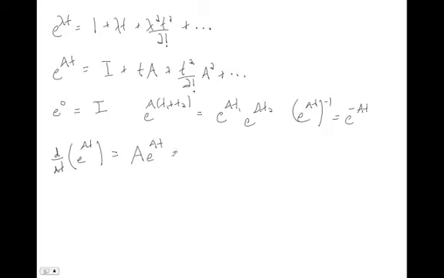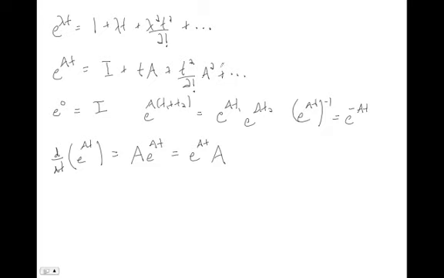An interesting thing that falls out is that it's also equal to e to the At times A. So you can pre- or post-multiply the exponential by A and you'll get the correct answer. This is a rare thing with matrices, because usually things don't commute in general. But again, this just falls out of differentiating the series term by term.